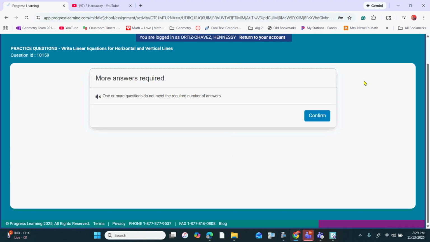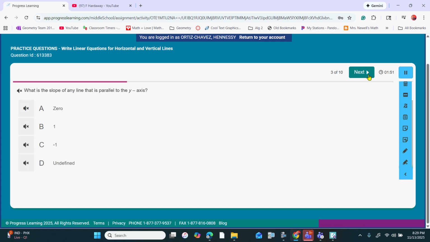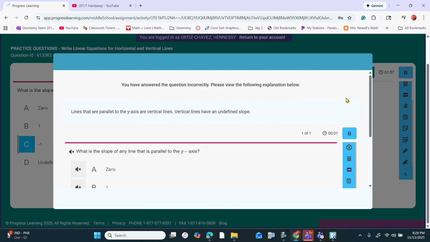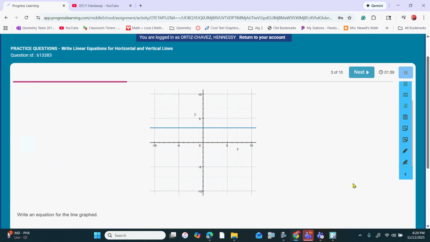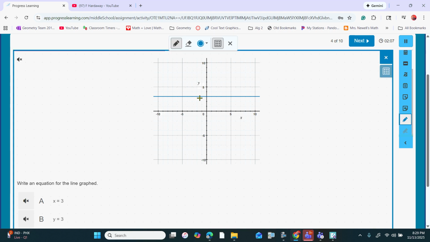The other one I wanted to talk about, let's see. I'm going to guess on this one because I want to see a different problem with you. Oh, it told me I did that wrong. We're going to close that. Here we go. So now you're looking at the graph, and you can physically see that this graph crosses the y-axis right here at 1, 2, 3.